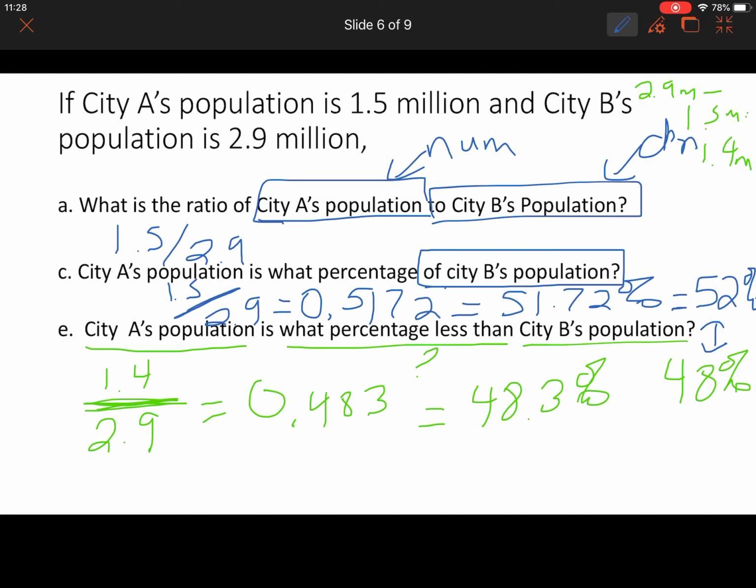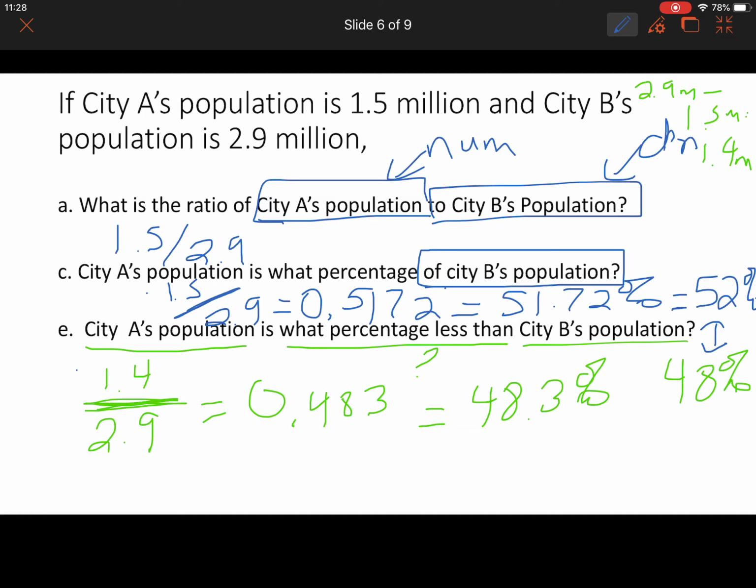It's 100%, right? Because in both of these cases, we're comparing it to the whole. Here we're comparing what percentage of that whole is City A. Here we're comparing what percentage of that whole is not City A. So there's actually a relationship between all of these percentages here because they're all being compared to the exact same reference value. This is a special type of percentage.